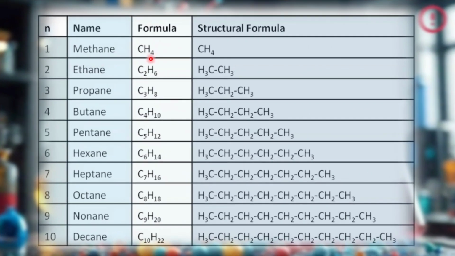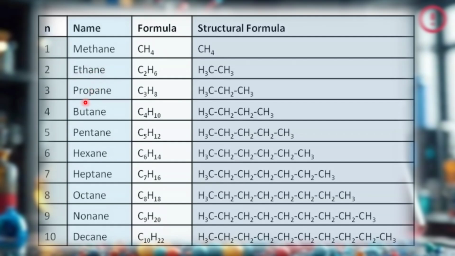The nomenclature, molecular formula, and condensed formula of the first 10 members of the alkane family, whose numbers of carbon atoms are 1 to 10. The first member is methane. The second member, with 2 carbon atoms, is ethane.